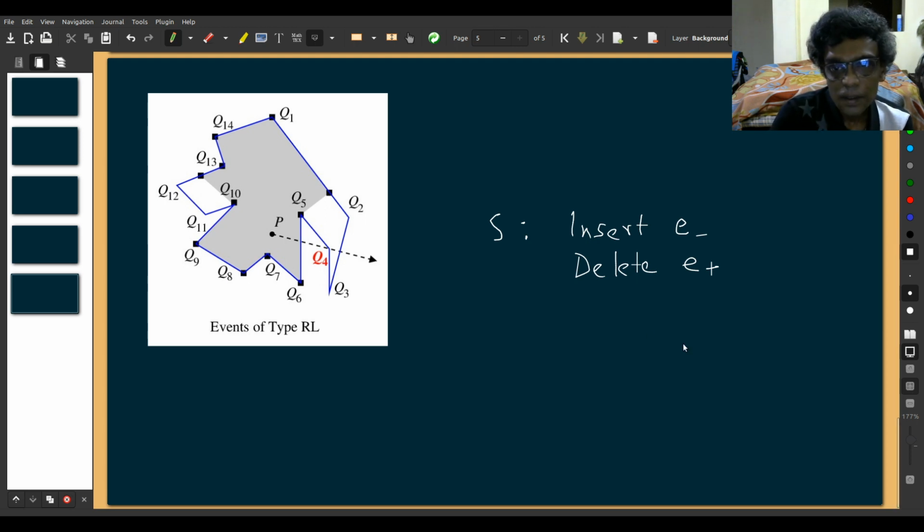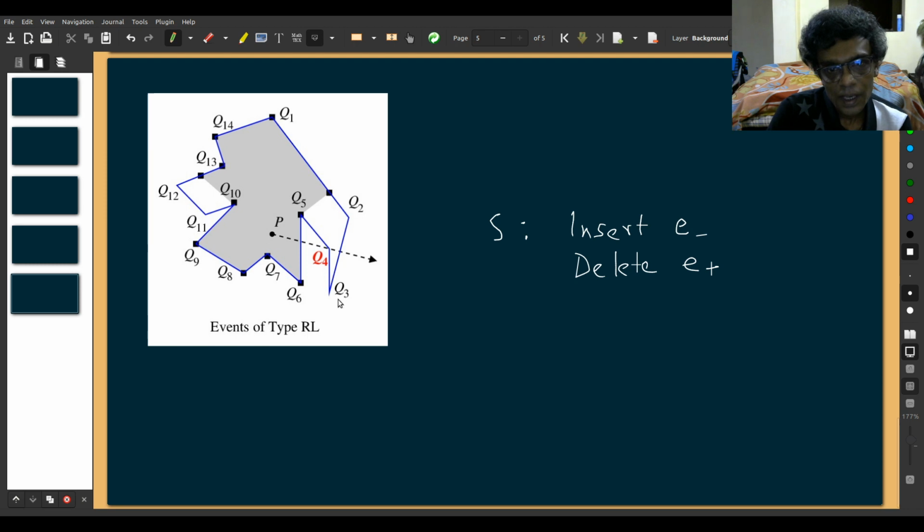Now the question is whether you should insert this point, Q4. That is a little bit of imagination. You see that if this happens to be the closest point to P among all the active lines, then P is outside the interior. It is impossible.